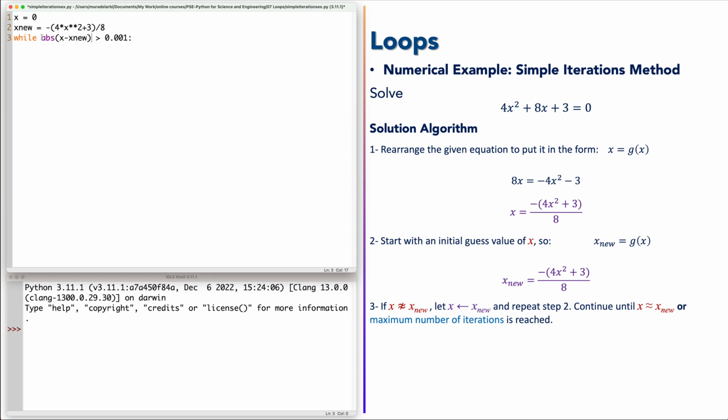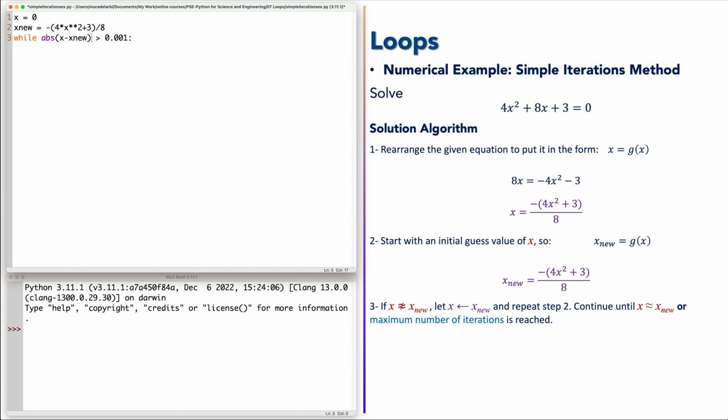The value of the tolerance is usually determined in scientific and engineering applications according to the accuracy needed for the solution, dependent on different criteria, such as units and the order of magnitudes.